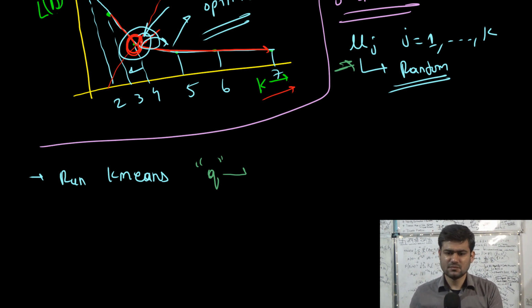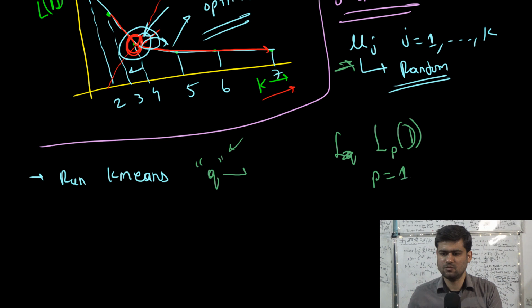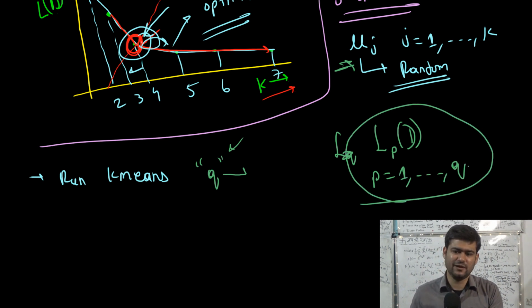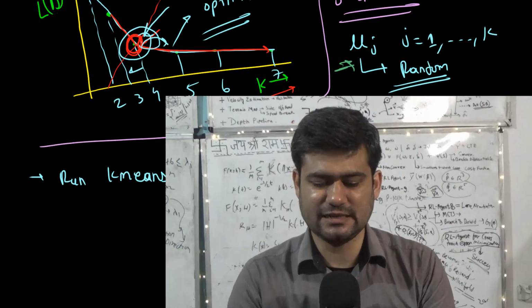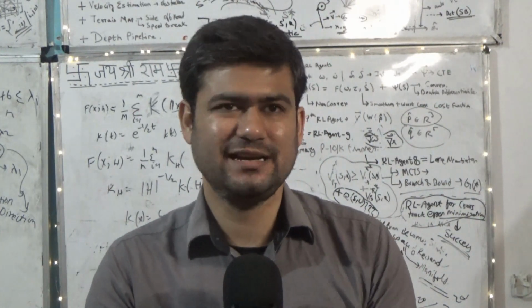After running it q times with q different random initializations, we'll have q different values of the loss function, one for each run p over the data set, where p goes from 1 to q. We select the final result as the one that produces the minimum value of the loss function. So this is one of the ways of getting rid of the effect of poor initialization.